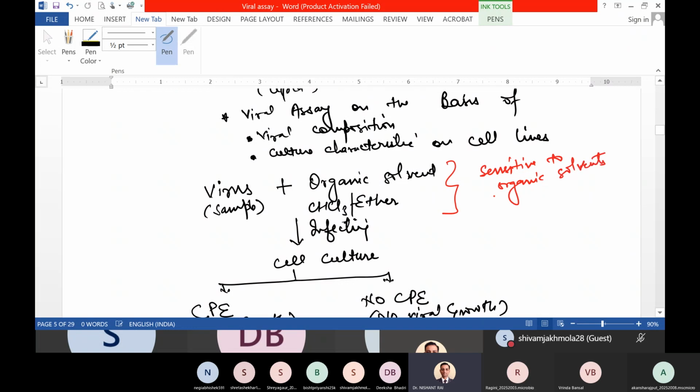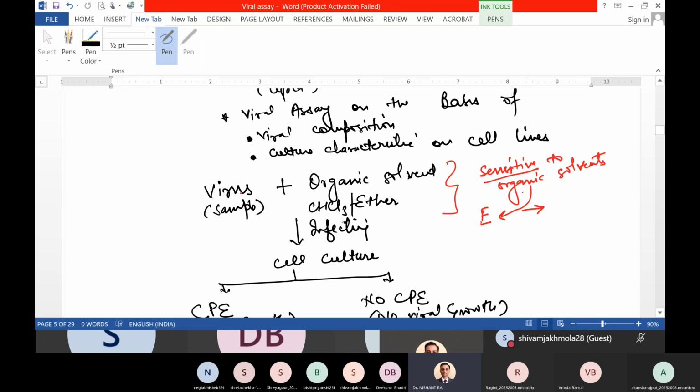It means enveloped viruses are inhibited by organic solvents and are not able to infect or multiply or show cytopathic effect. We can say it's like a sterilization method or control of viruses, because of this property. So enveloped viruses, which are lipid containing, are inhibited by organic solvent.